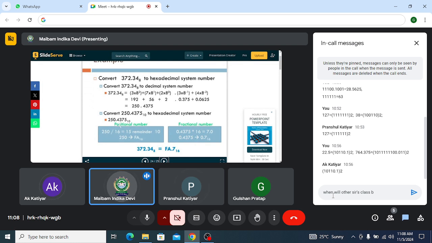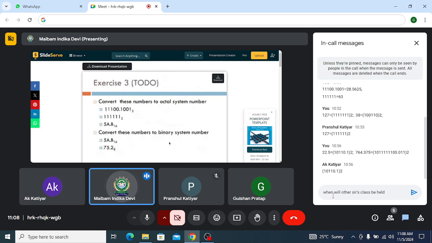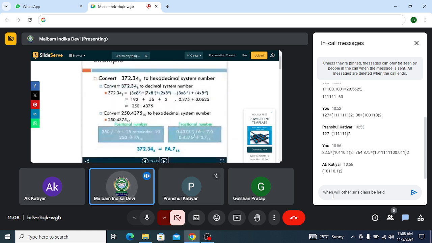Now for the fractional part, 0.4375. Decimal to hexadecimal, you multiply with 16. I told you it's a reverse process, right? You write from top to bottom. So 0.4375, you multiply with 16, you get 7. After the decimal, you get 0, so you stop here. If it is not 0, then you continue with the fractional value you get.